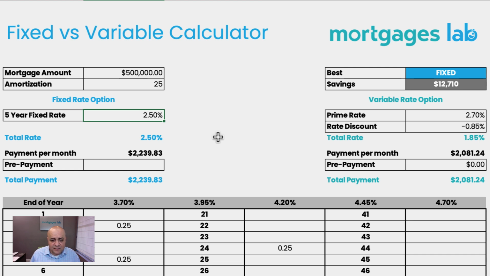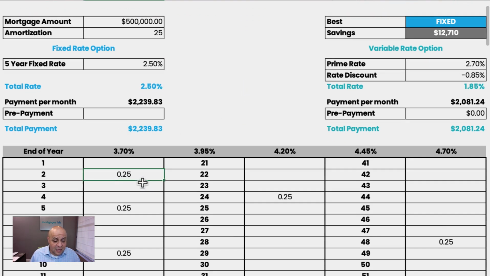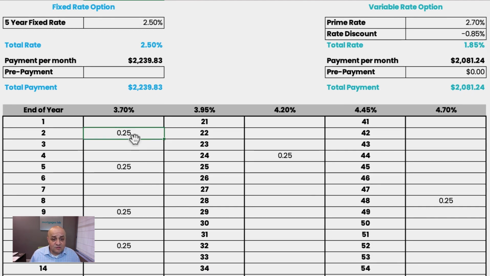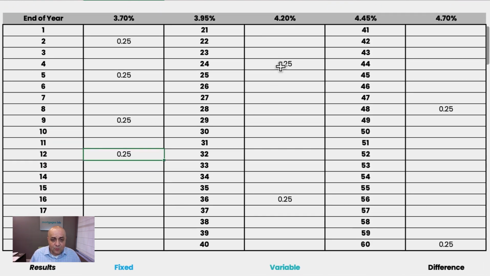I did some numbers here just to save a little bit of time, but I assume that the prime rate will increase 1, 2, 3, 4 times in the first year. Again, 4 times in the first year, and then the prime rate will keep increasing by a quarter of a point, year 2, again year 3, again year 4, and year 5.